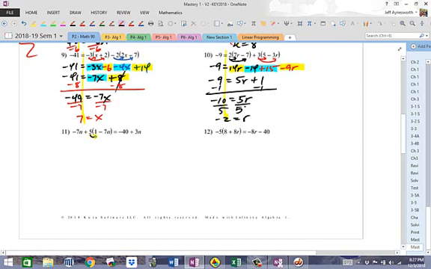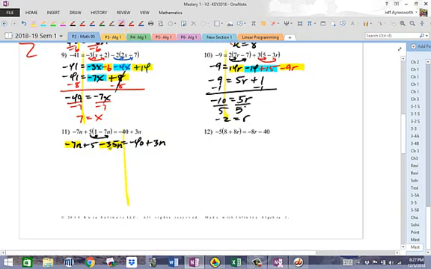All right, next one here, we're going to distribute again, so we get negative 7n plus 5 minus 35n. Okay, and that equals negative 40 plus 3n. All right, so we want to clean this up a little bit, so we're going to add our like terms right here.